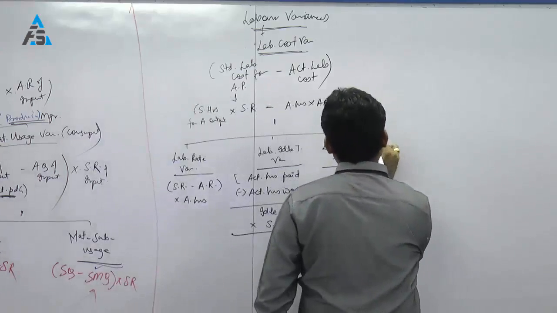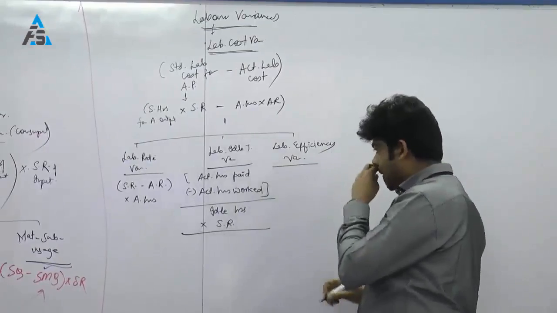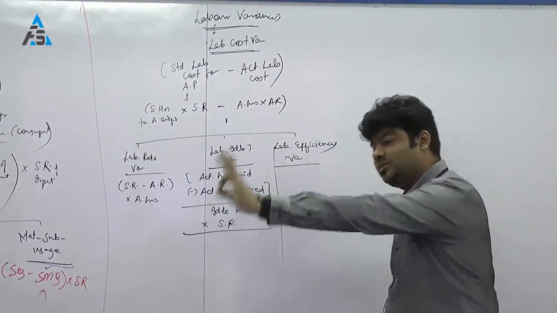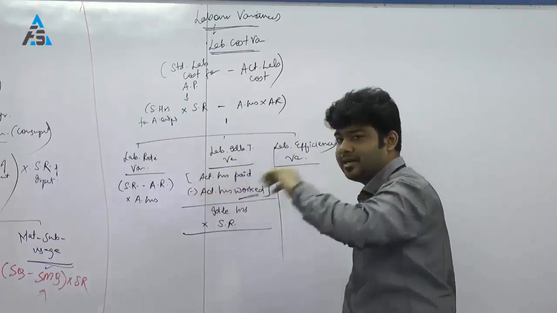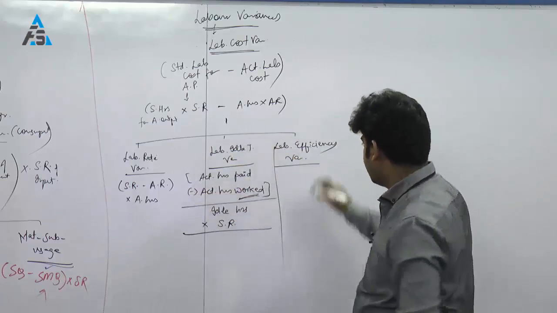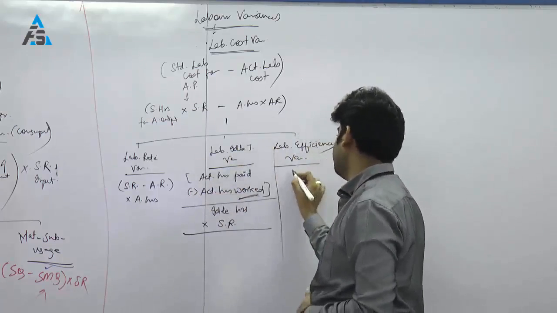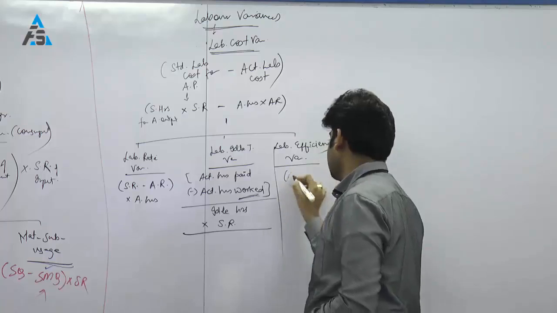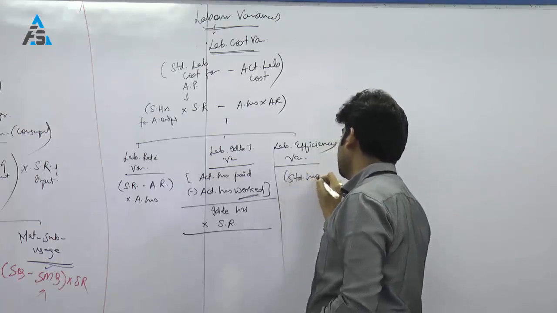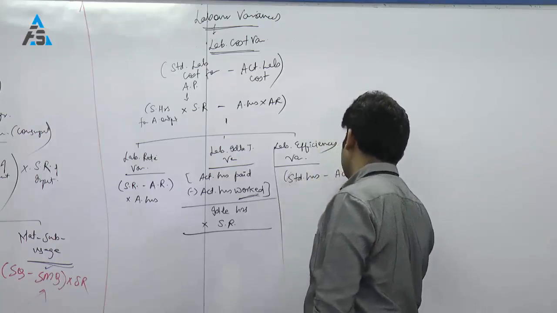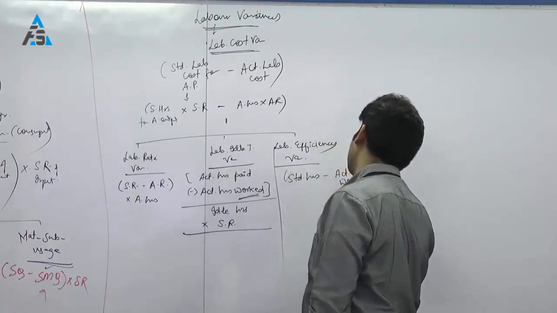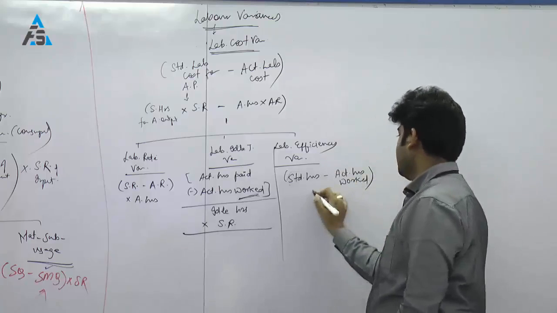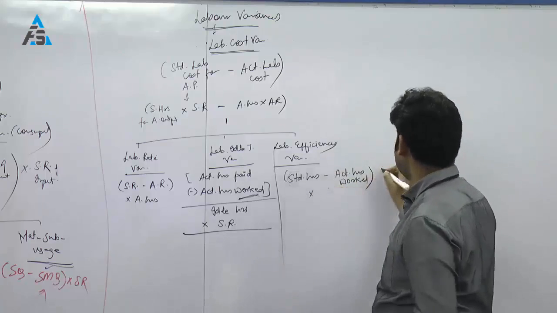Labor efficiency variance. Efficiency is to be measured in terms of hours worked, because only the actual time that I have worked will be comparable. So for labor efficiency variance, I will say standard hours minus actual hours worked, into what rate?